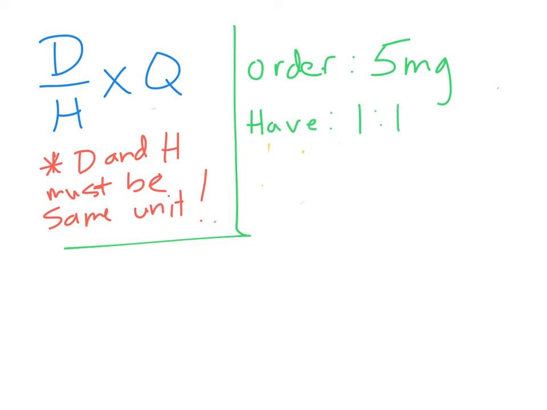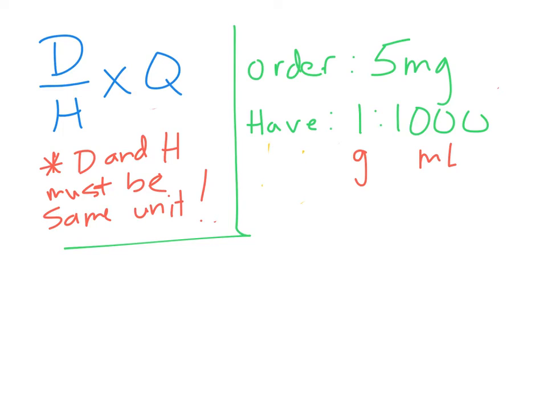Anytime you see a ratio in terms of solutions, what that ratio simply means, as it shows over on the right-hand side, is that 1,000 milliliters contains 1 gram of epinephrine. So that ratio shows us how many grams we have per so many milliliters of liquid. So there is your H and your Q in this particular problem.